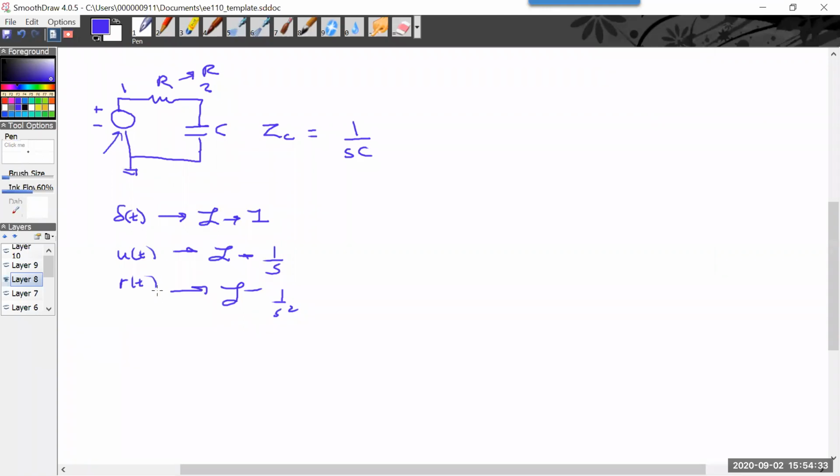So with the Laplace transform and impedance, and having everything in the frequency or S plane, I can use voltage division here. So V2 will equal V1 times ZC over ZR plus ZC.